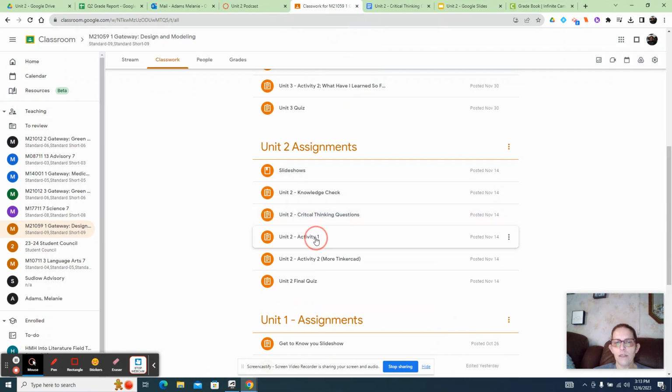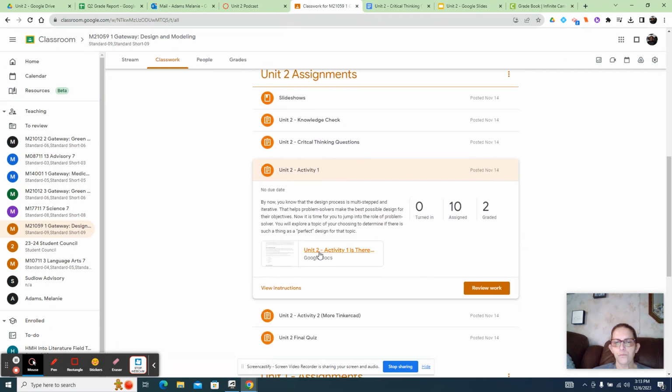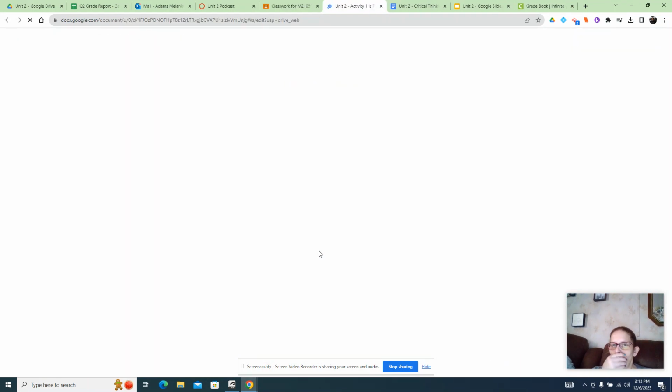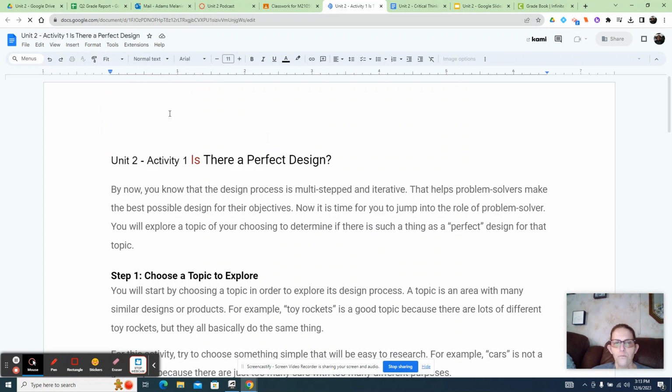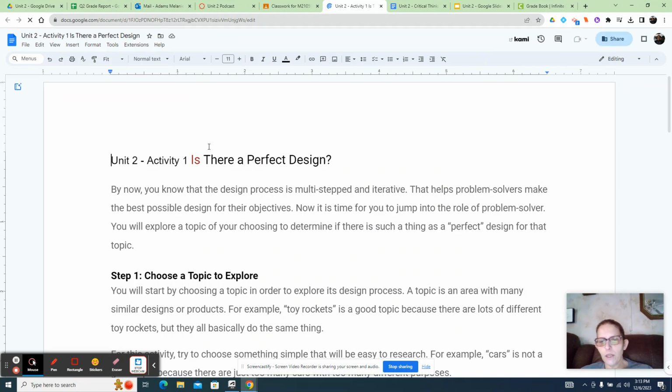Next assignment is activity 1. Is there a perfect design? With this one, what I'd like you to do is think about a product.